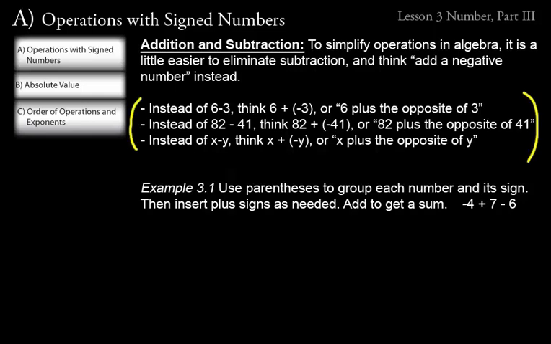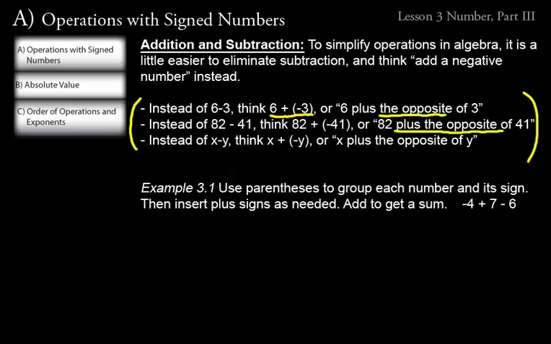Instead of 6 minus 3, think 6 plus a negative 3. You can also think of it as 6 plus the opposite of 3, because that's kind of what's happening with a negative number. It's the opposite of the other number. Instead of 82 minus 41, think 82 plus a negative 41, or 82 plus the opposite of 41.